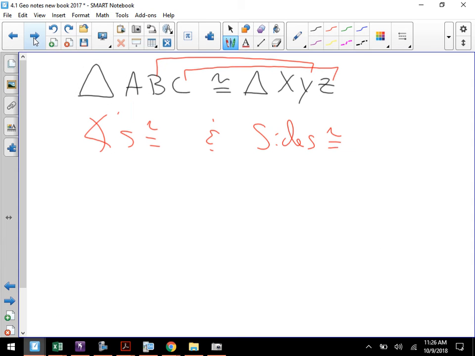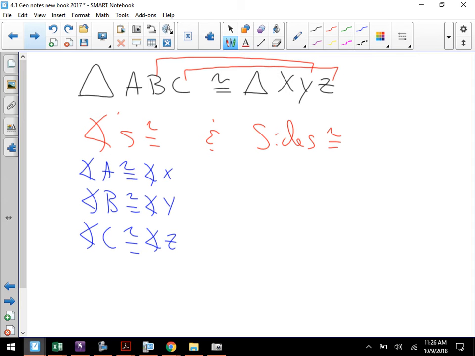But anyway, like you just did, angle A has to match up with angle what? B, C. The reason why I write them out is because eventually, like we've been doing, you'll have pictures and diagrams in algebra.